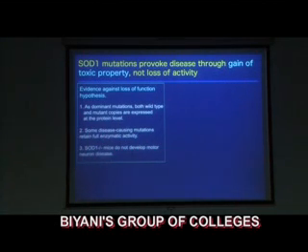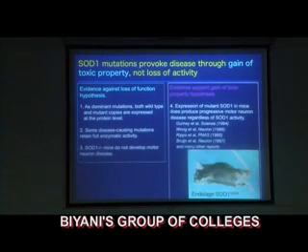Also, SOD1 knockout mice, the mice deficient in SOD1, do not develop motor neuron disease. In contrast, overexpression of the mutant in mice produces progressive motor neuron disease regardless of SOD1 activity. This is a typical end stage of the ALS mice, showing complete hindlimb paralysis and motor neuron degeneration.